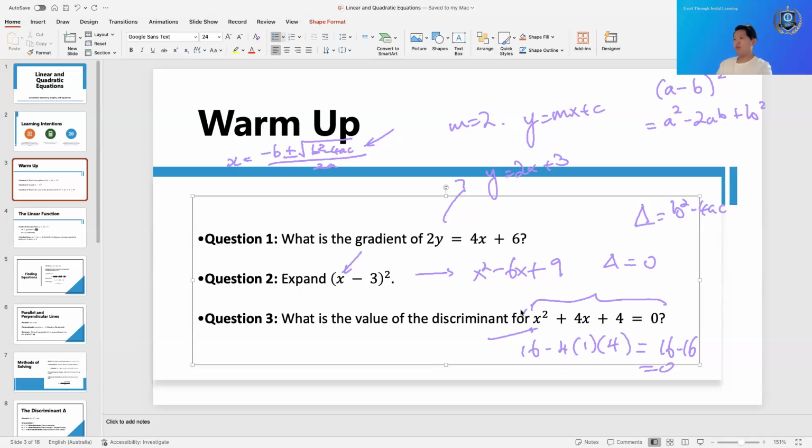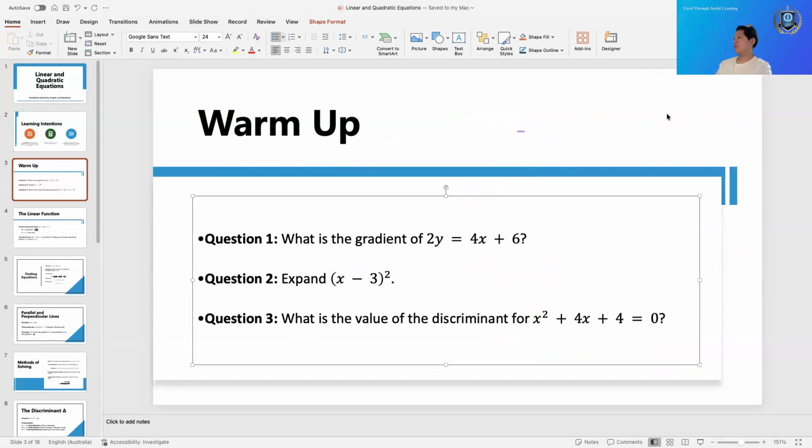If you were to graph this equation, you'd get something along the lines of this. You would only have one x-intercept, because the discriminant equals 0, so there is only one solution.